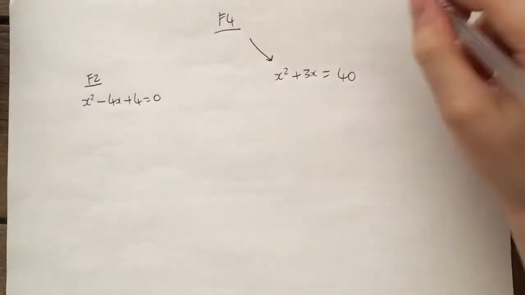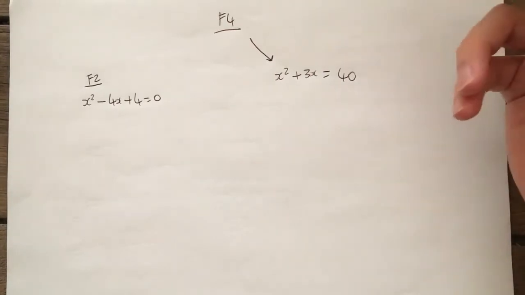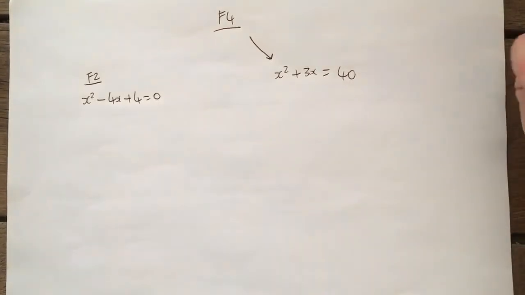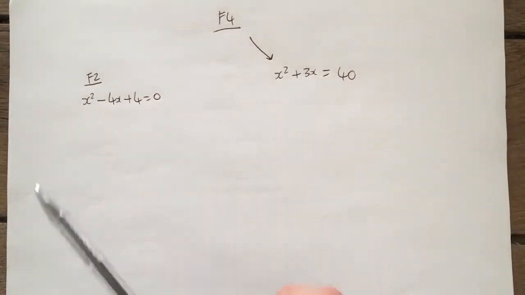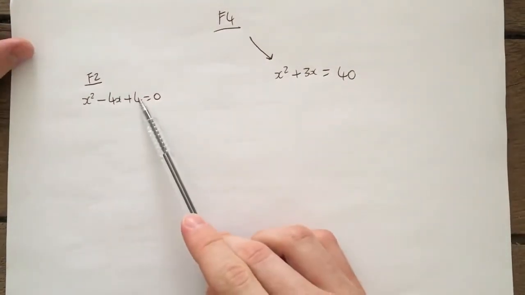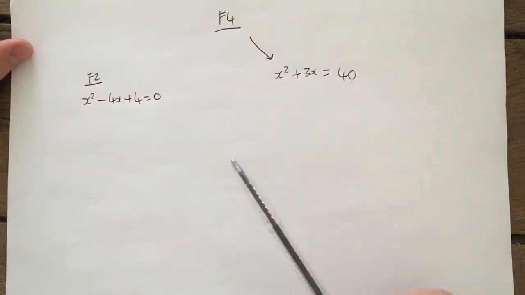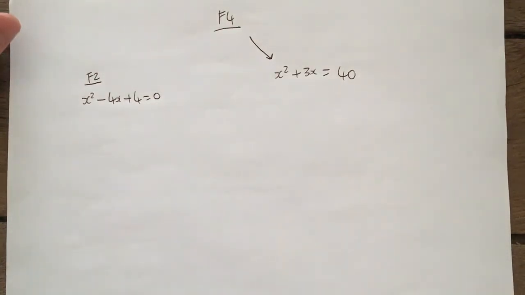If I was in class right now, I'd say, speak to the person next to you, what's different about these two? As a lot of you are hopefully realising, this equation equals 0, and this one doesn't. The importance of it equalling 0 when solving quadratic equations is huge.